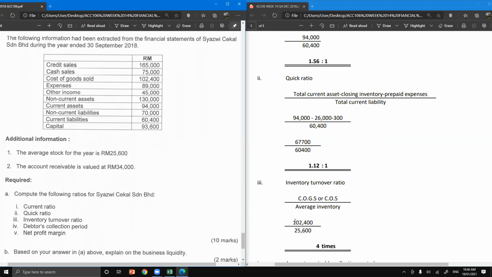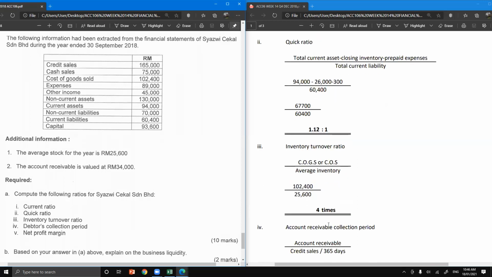You divide the cost of sale by the average inventory, which is 102,400 divided by 25,600. The answer is 4 times.